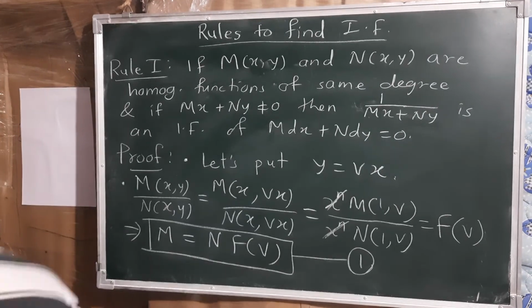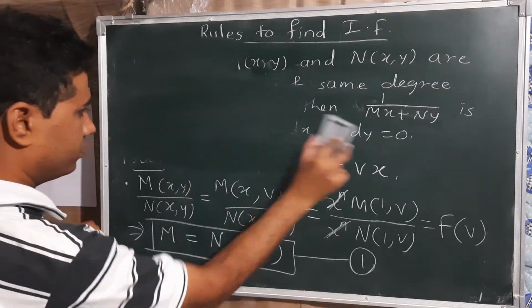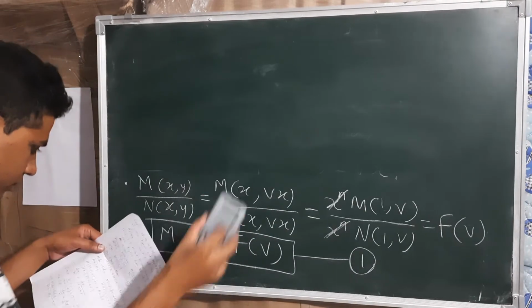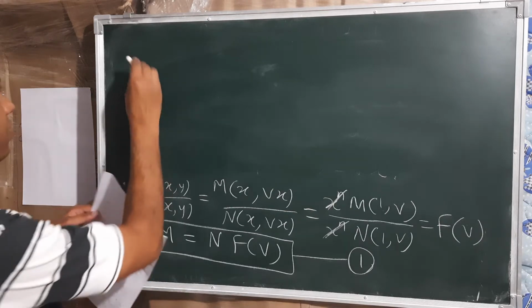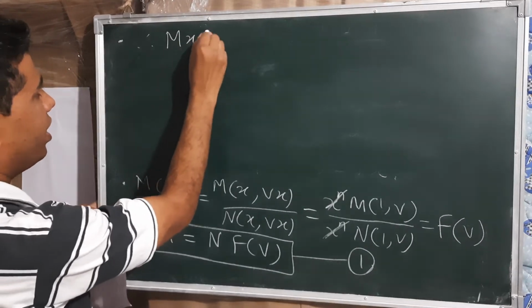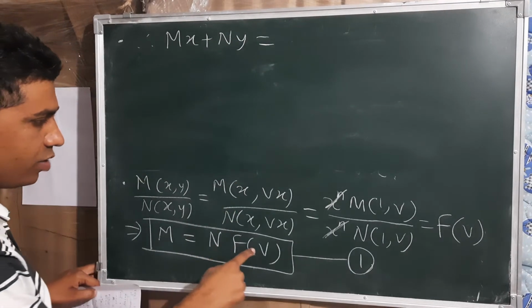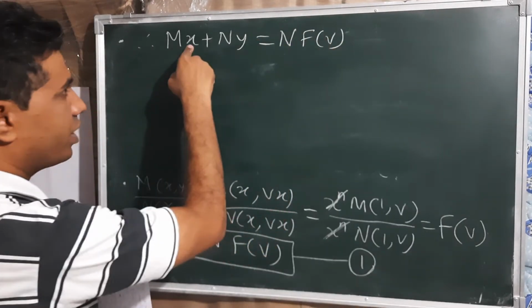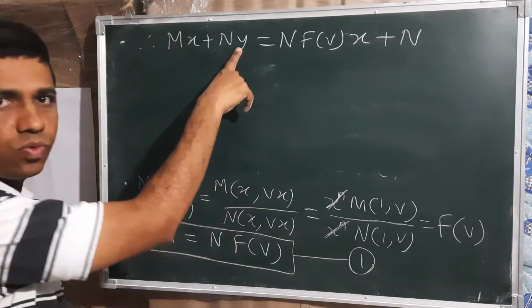Now Mx plus Ny, therefore Mx plus Ny will be, M is N into F of v, into x plus N, y is vx.